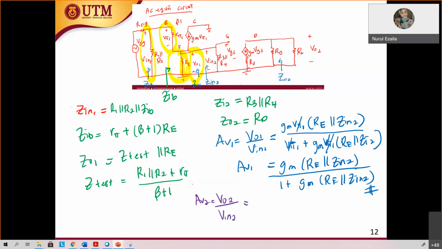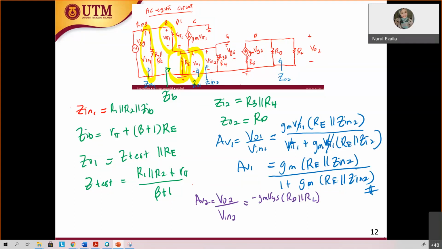Student? V out 2 is negative GM VGS2 times RD parallel with RL. Correct.